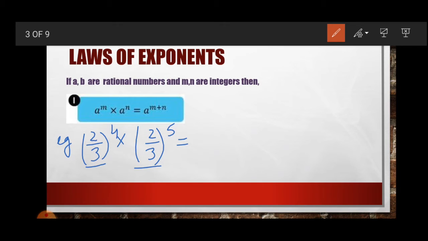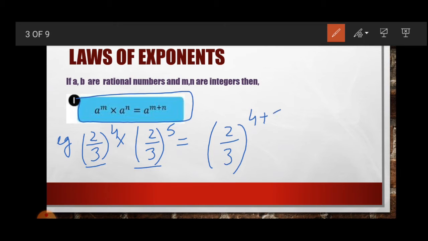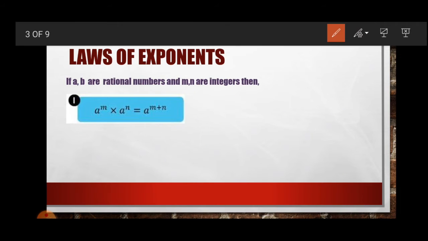So according to this law, we can write it as 2/3 raised to the power 4 plus 5, which is 2/3 raised to the power 9. Let's take another example.